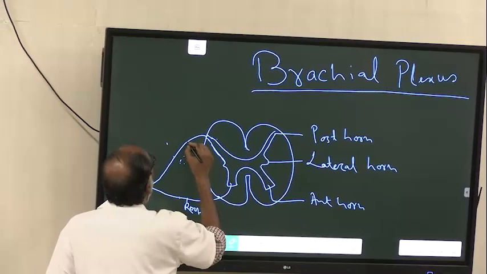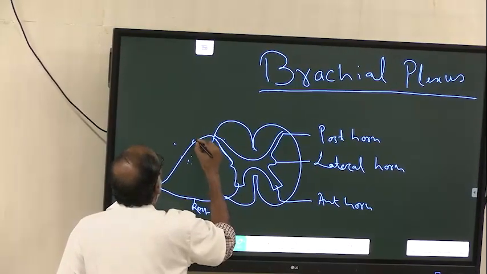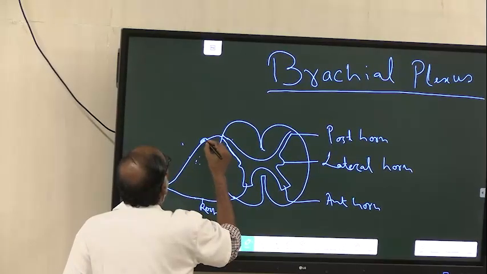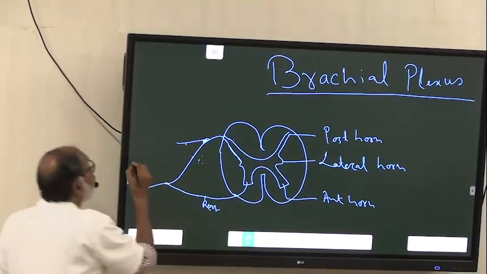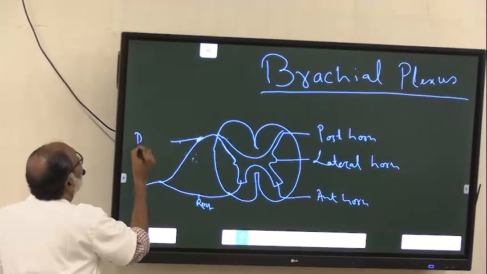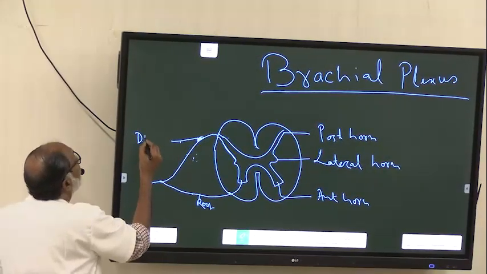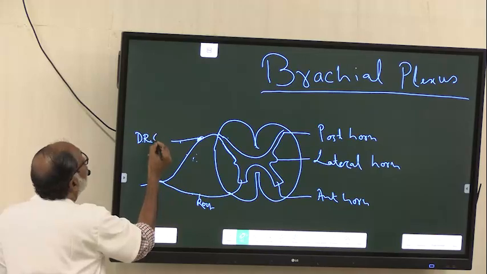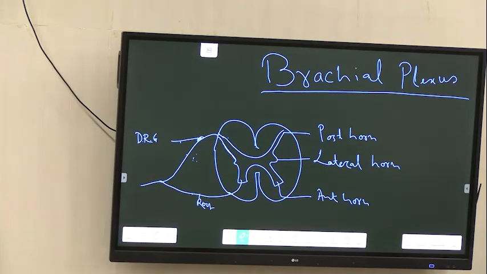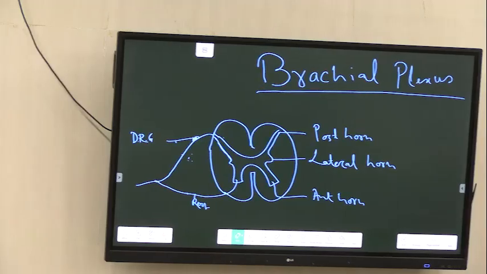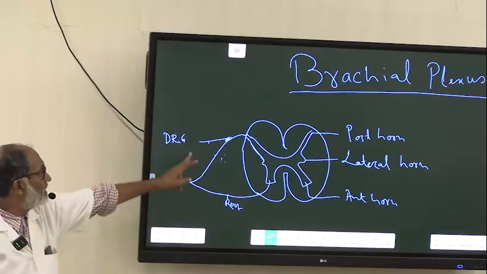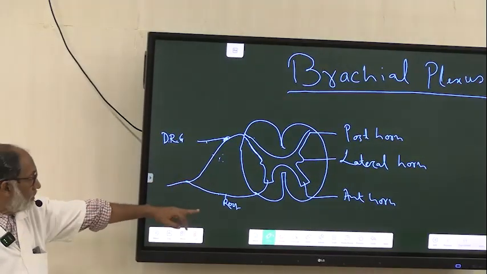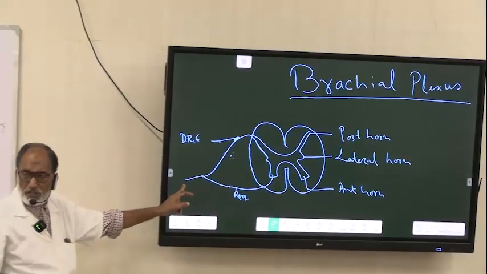Here, that is called dorsal root ganglion, DRG. This is the efferent fibers and that is the afferent fibers. This is the mixed nerve, that is spinal nerves.